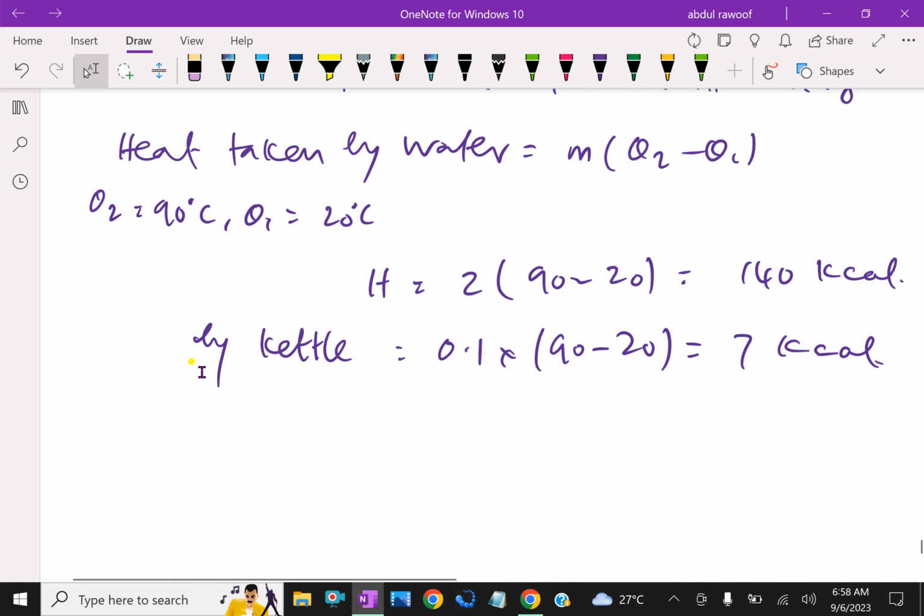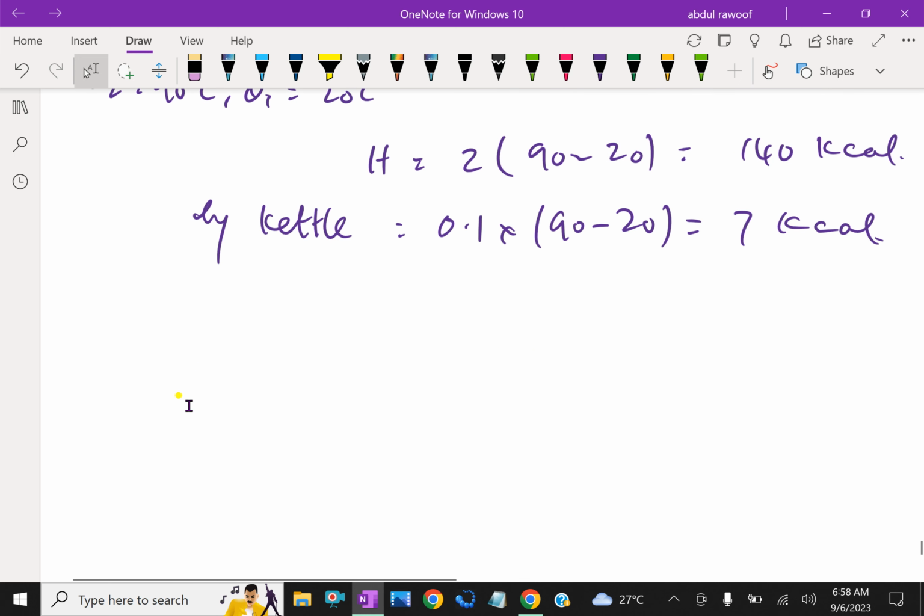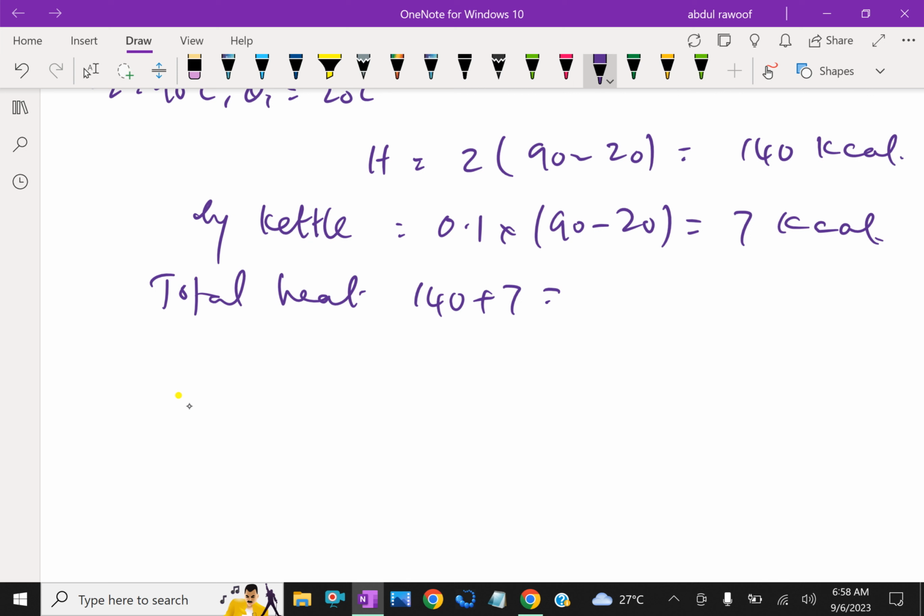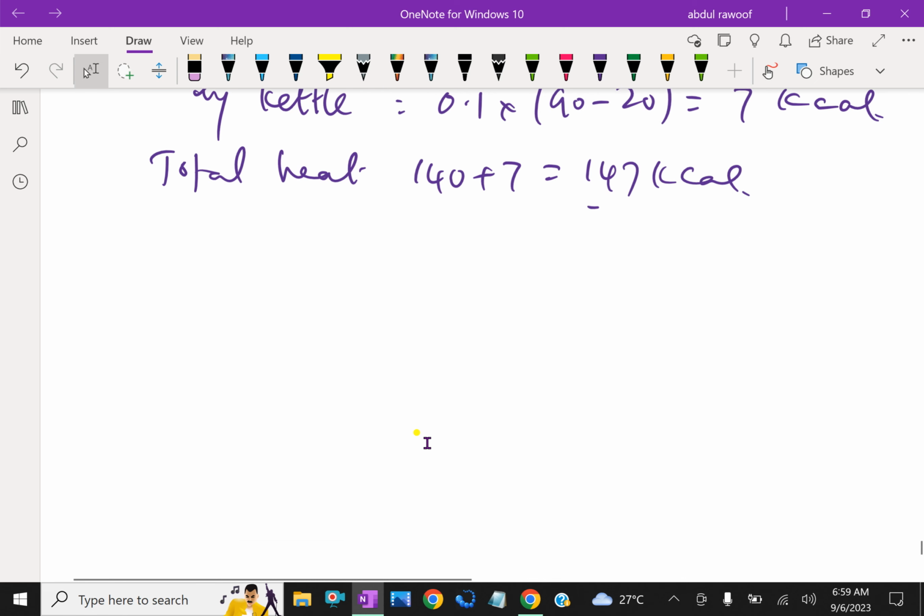Now total heat taken is 140 plus 7 equal to 147 kilocalories, since the water should be heated as well as the kettle. Therefore, heat produced by electricity is equal to heat taken by water.